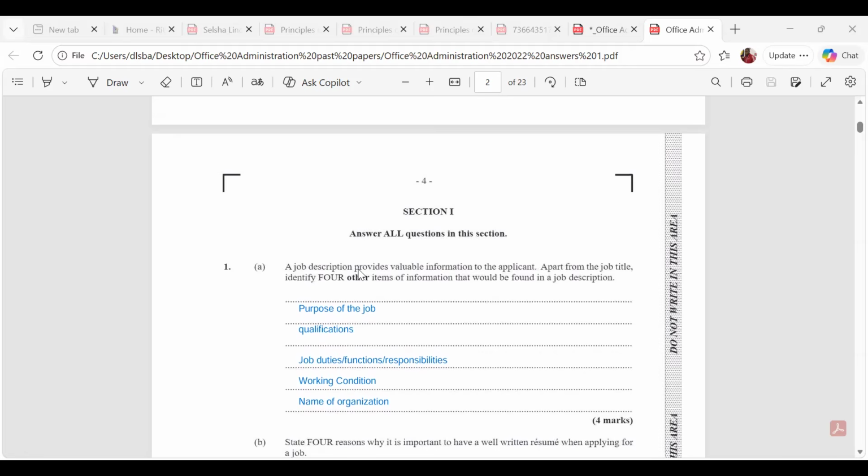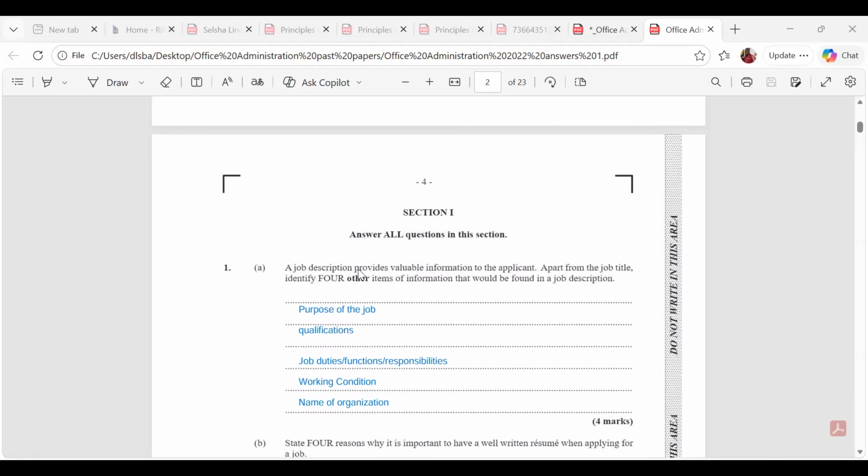List 4 reasons why it's important to have a well-written resume when applying for a job. Why is that important? Because it will increase the chance of getting an interview. For sure.